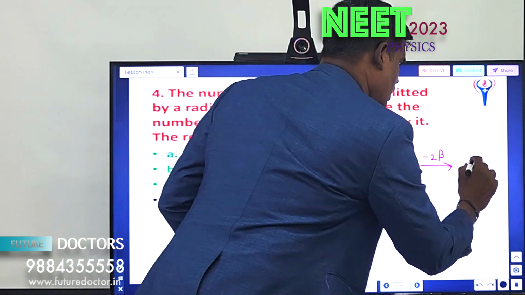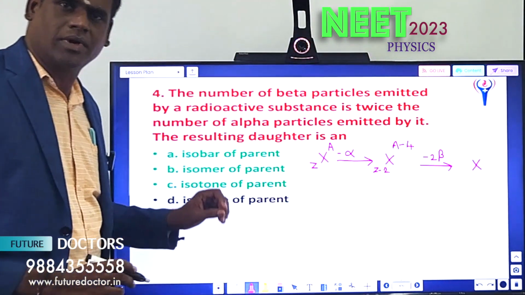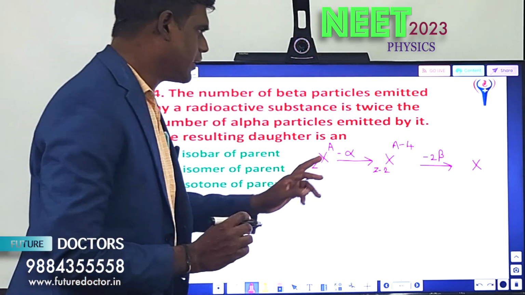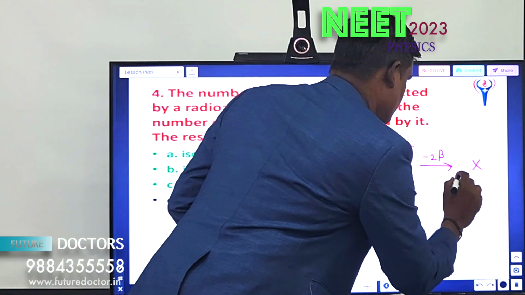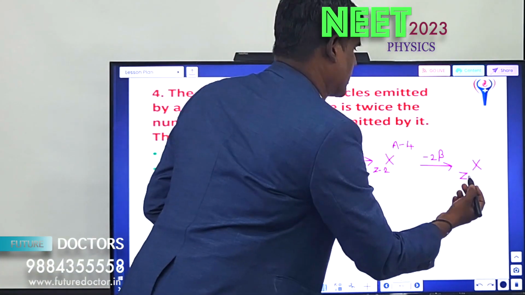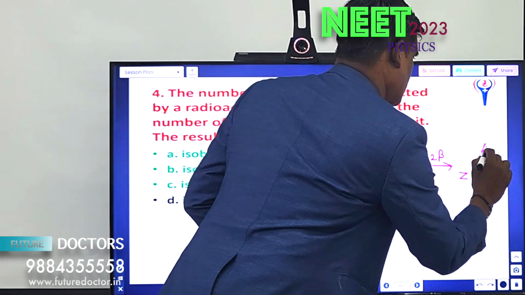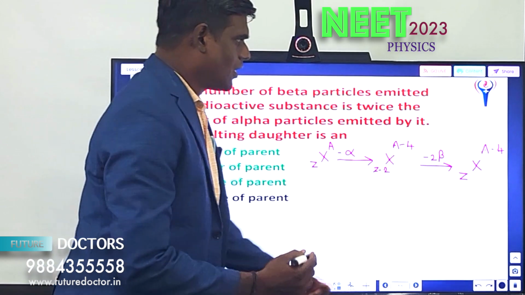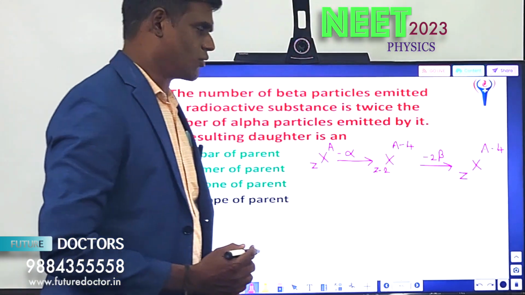In beta decay, how is it? The atomic number is increased by 1 and there is no change in the mass number. And here 2 beta particles, so the atomic number increases by 2. So Z plus 2 becomes Z, and A minus 4. So initially X is at A and here X is at A minus 4.